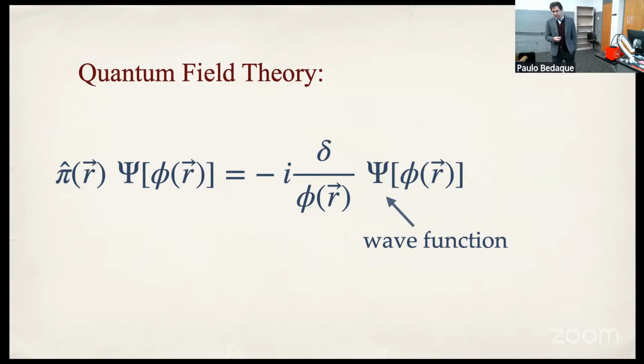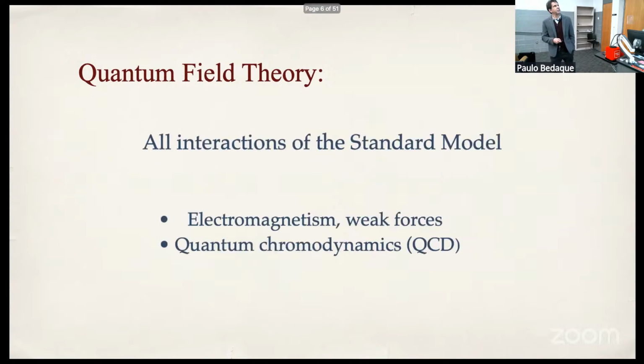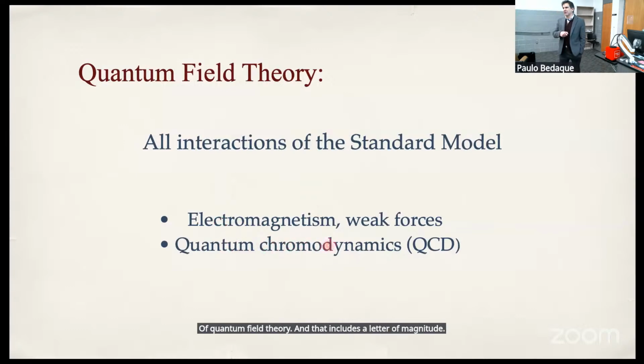So if you're not familiar, if you don't care about quantum field theory, you can easily follow this talk. Now, a big motivation, at least for me, to study quantum field theory is that it describes all fundamental interactions. So the standard model is set up in the language of quantum field theory. And that includes electromagnetism, and consequently the whole of condensed matter, and weak interactions, and quantum chromodynamics.